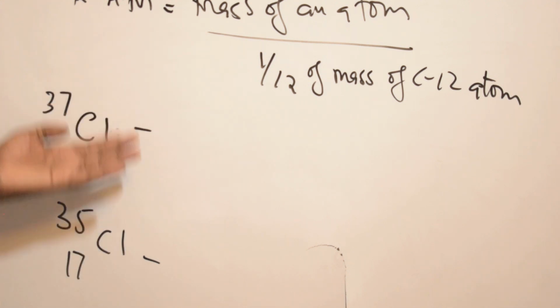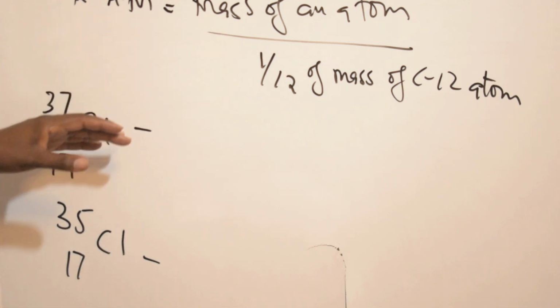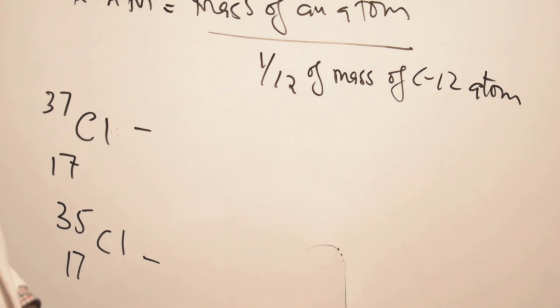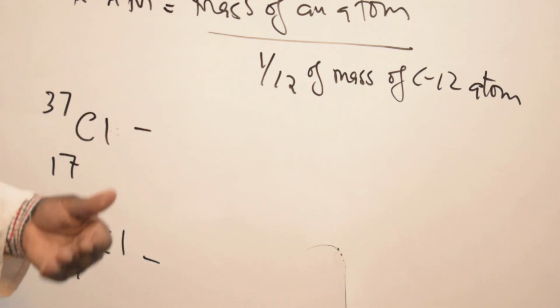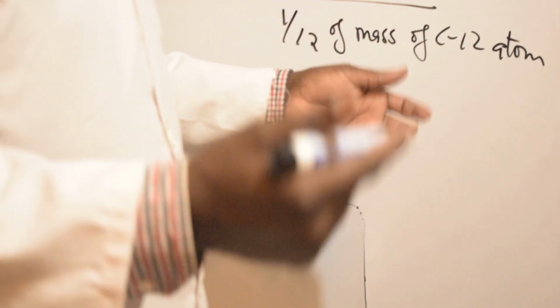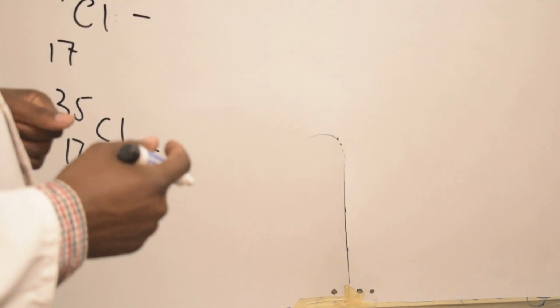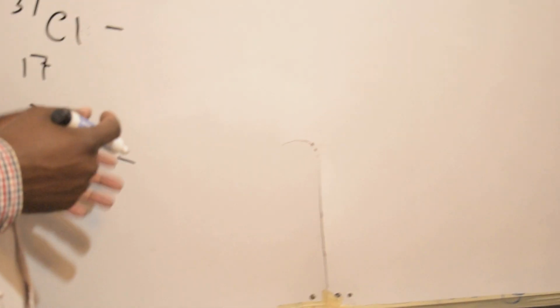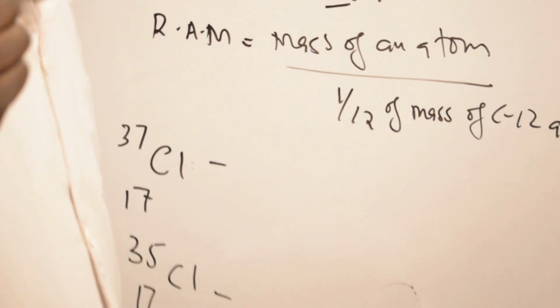Now, how do we find the relative atomic mass of such an element? In other words, if you ask me how many times heavier a chlorine atom is than 1 over 12 of the mass of a carbon-12 atom, to work this out we find the average mass.